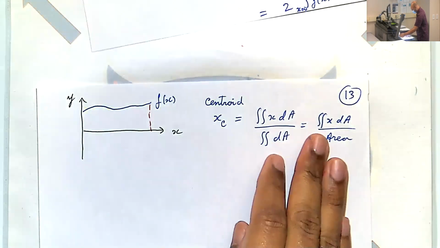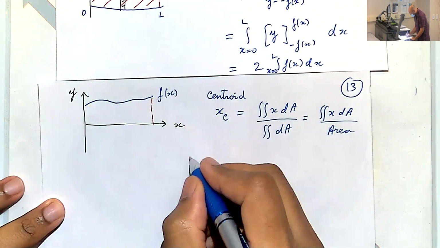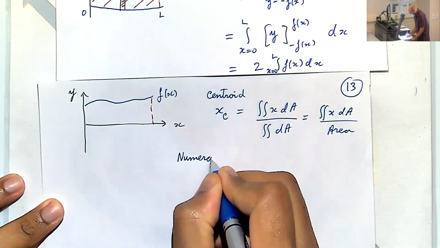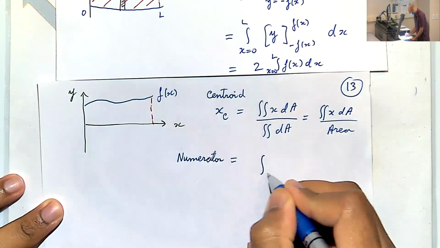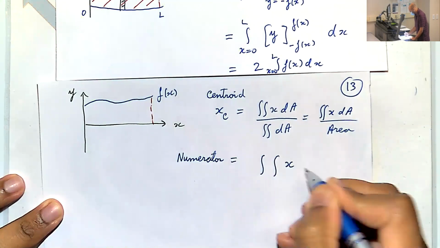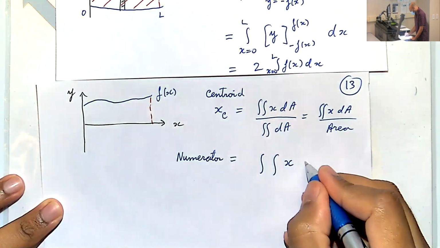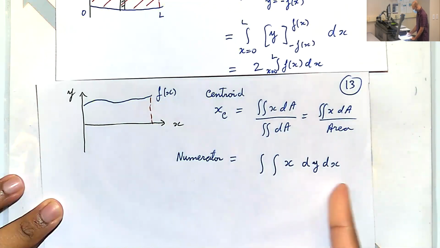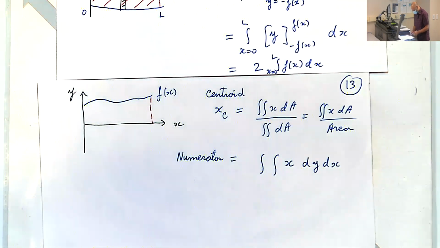Let's think about the top part, the double integral of x dA. So the numerator is, remember, dA breaks up into dx dy, or dy dx, whichever, doesn't matter. Help me put down the limits.